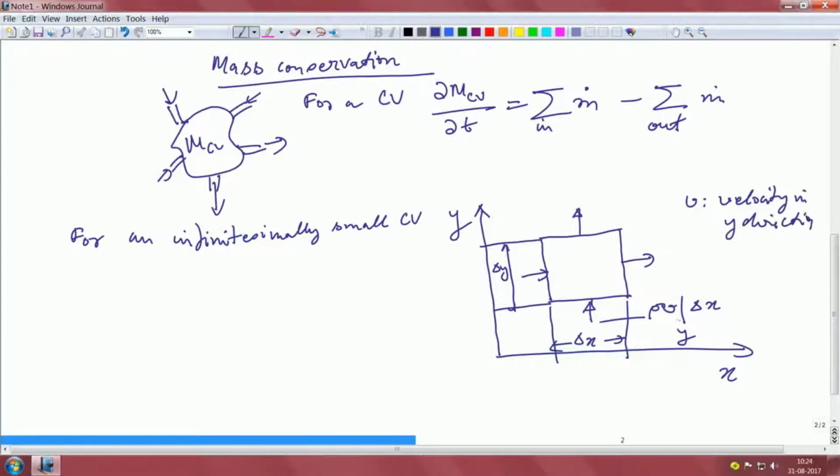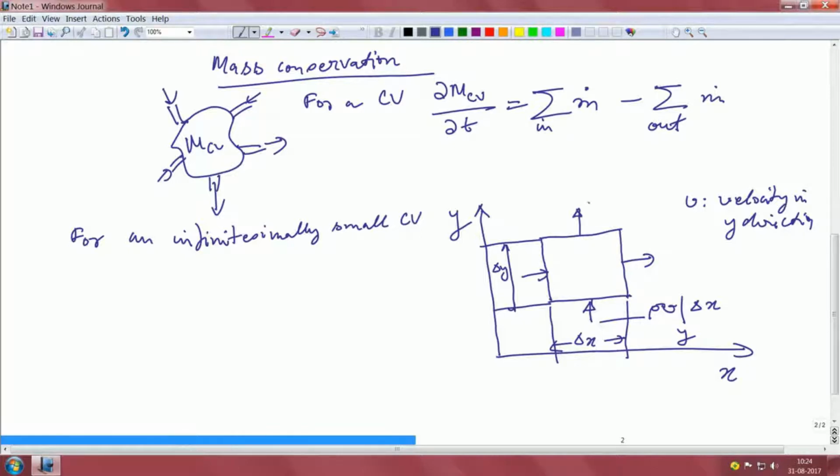So, this is the mass, rho into v multiplied by delta x, and the third dimension of the face is basically 1, a unit depth.